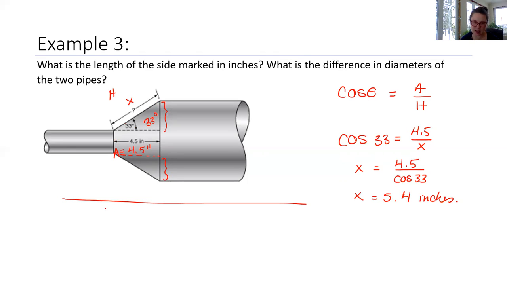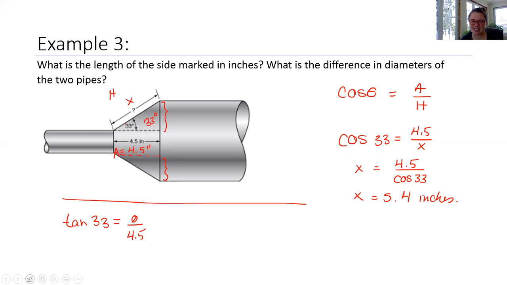The difference in diameter is going to use tan. So the tan of 33 is equal to opposite over 4.5. I've used that rather than the answer that we calculated before, simply because what if you made a mistake? For me, I put degrees on the end of it, which really could have messed you up if you were copying it.